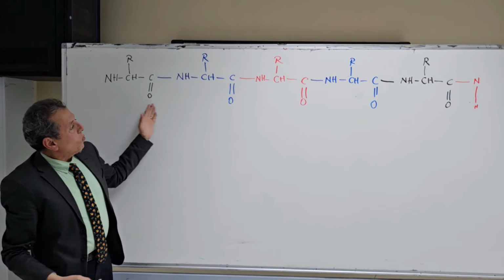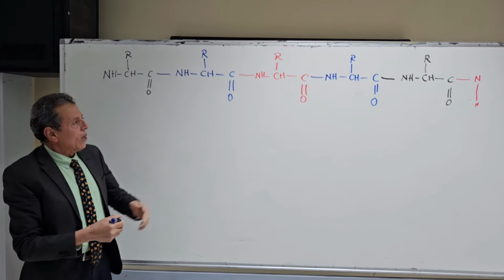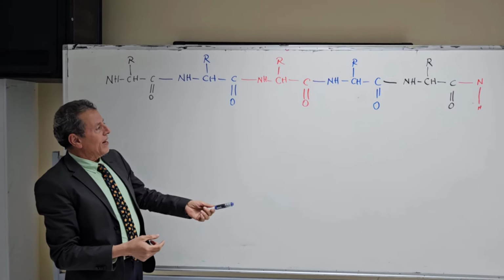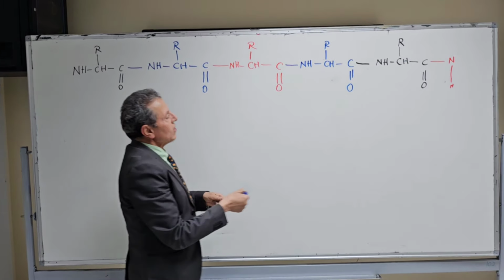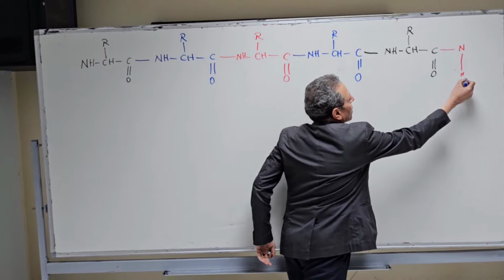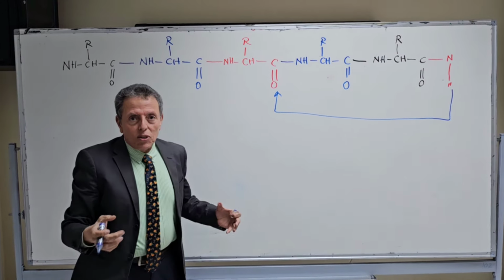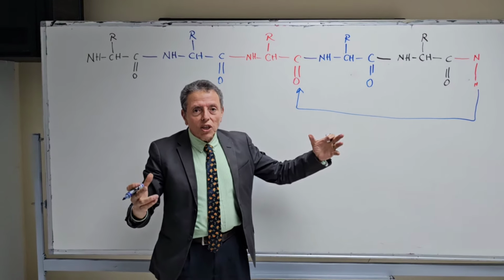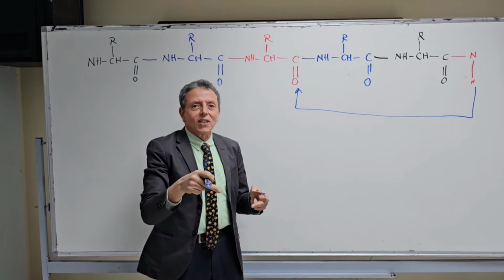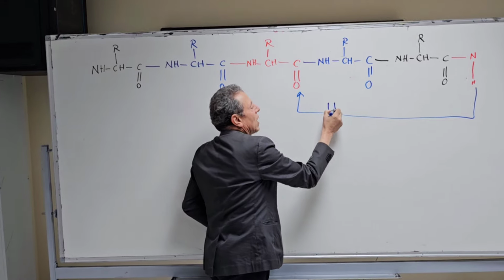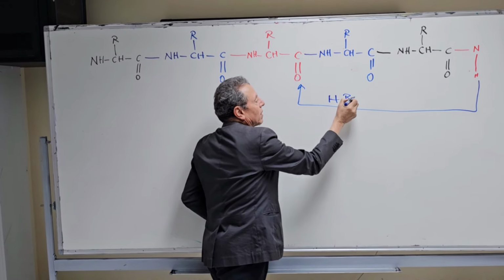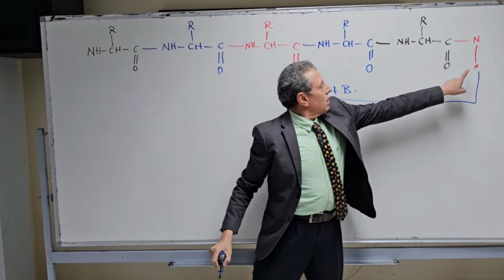Now, if you draw these 5 amino acids, what if you connect, for example, this hydrogen to this oxygen? In chemistry, oxygen and hydrogen can be connected with each other. That's why we call it hydrogen bonding.